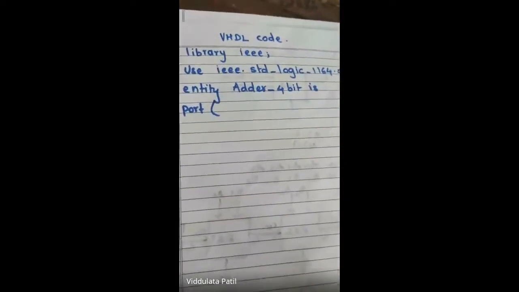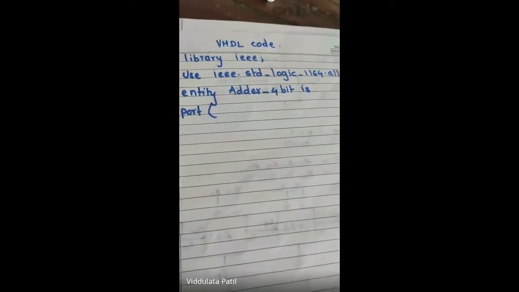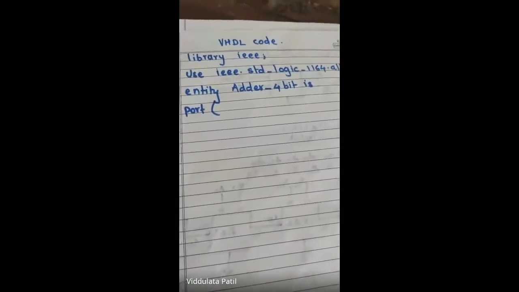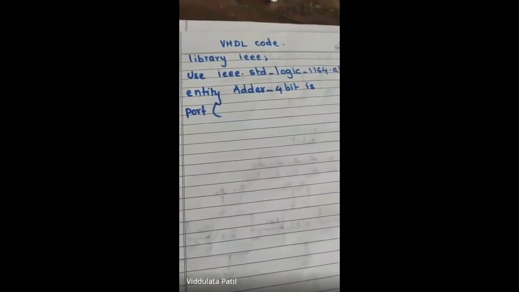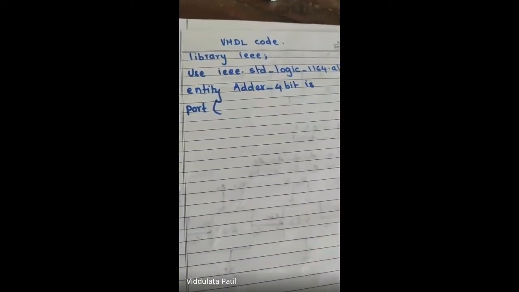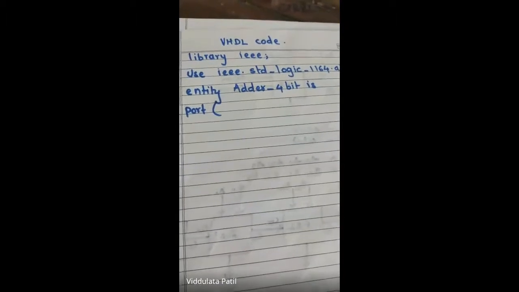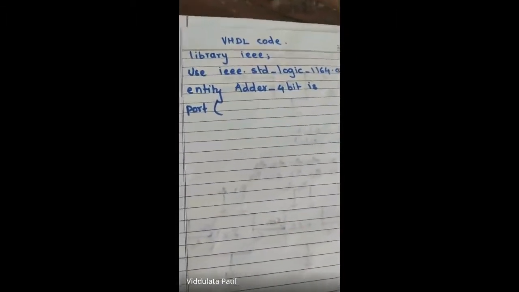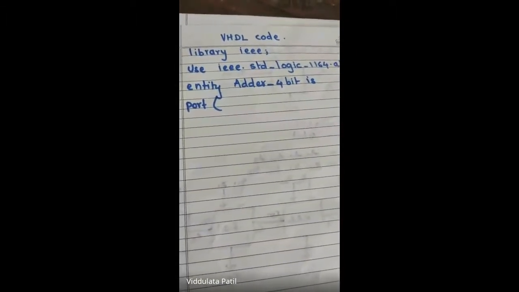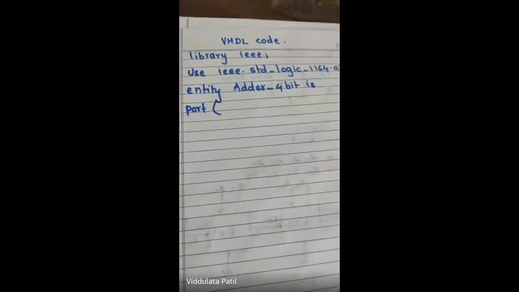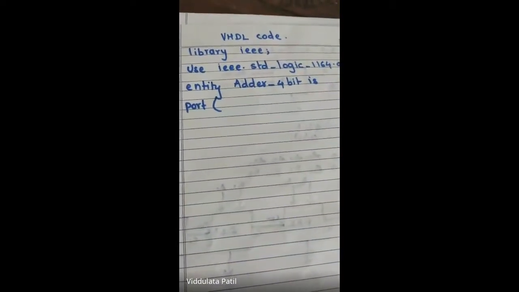Okay. So for this, instead of using different bits for different input ports for each of these input lines or input bits, we will use here a vector. So that means once we declare A, that will be taken as A0, A1, A2, A3.